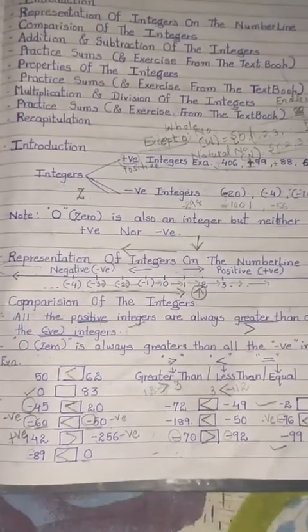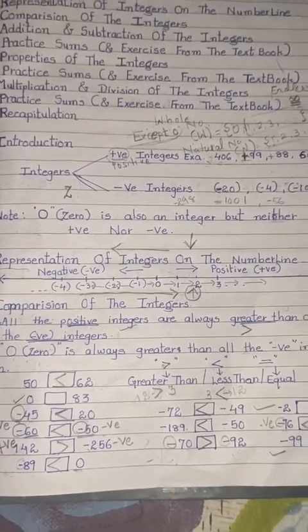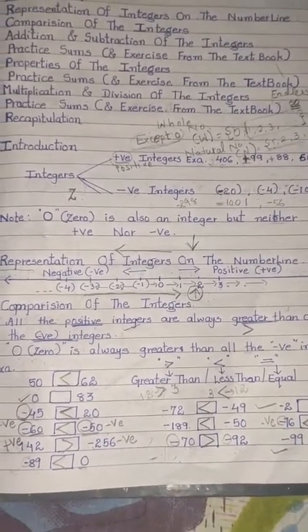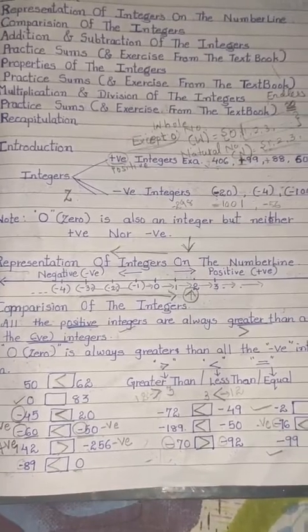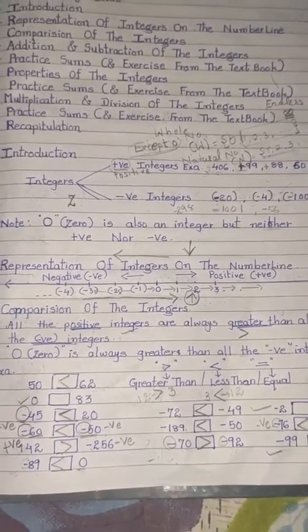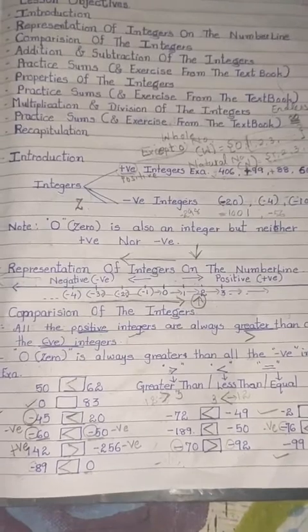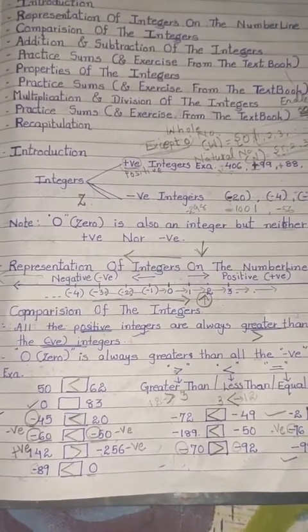Then we have studied how to represent it on number line. So on the right side of 0, all the positive, and on the left side of 0, all the negative. And then we have seen comparison of the integers.